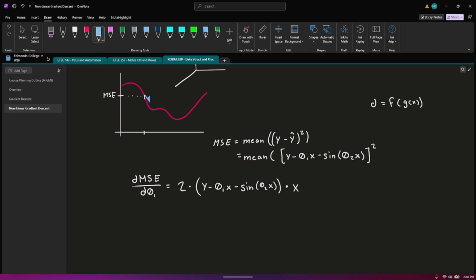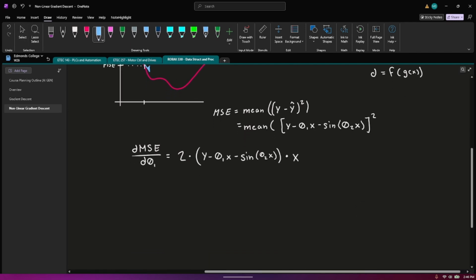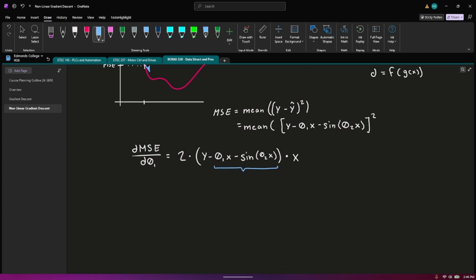So this doesn't make its way out here. Now you'll notice this right here is the same thing as y hat. So we can reduce this down to 2 times (y minus y hat) times x.